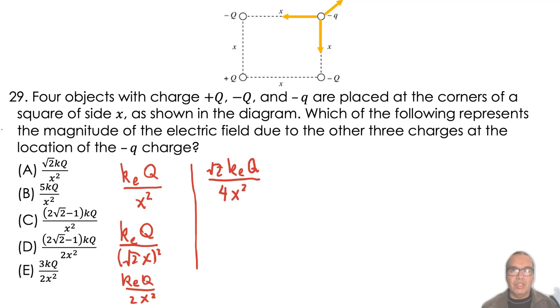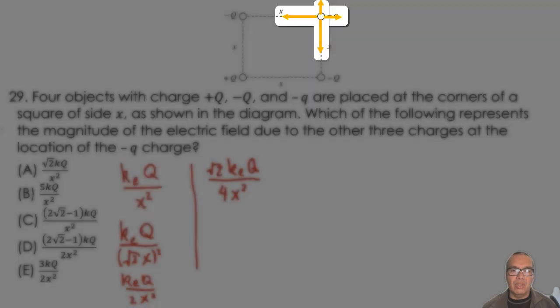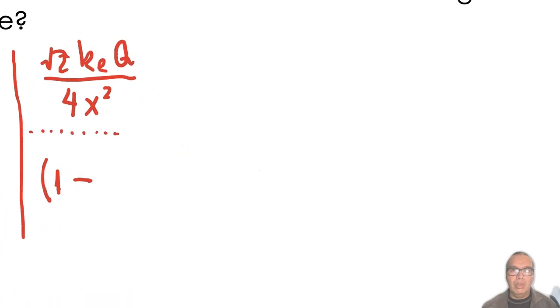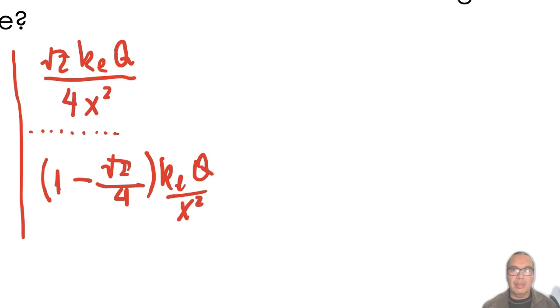Because of the sign of the charge, positive Q, the directions of these components are up and to the right. Therefore, the resultant field has a horizontal and vertical component of magnitude (1 minus square root of 2) over 4 times kQ over x squared.